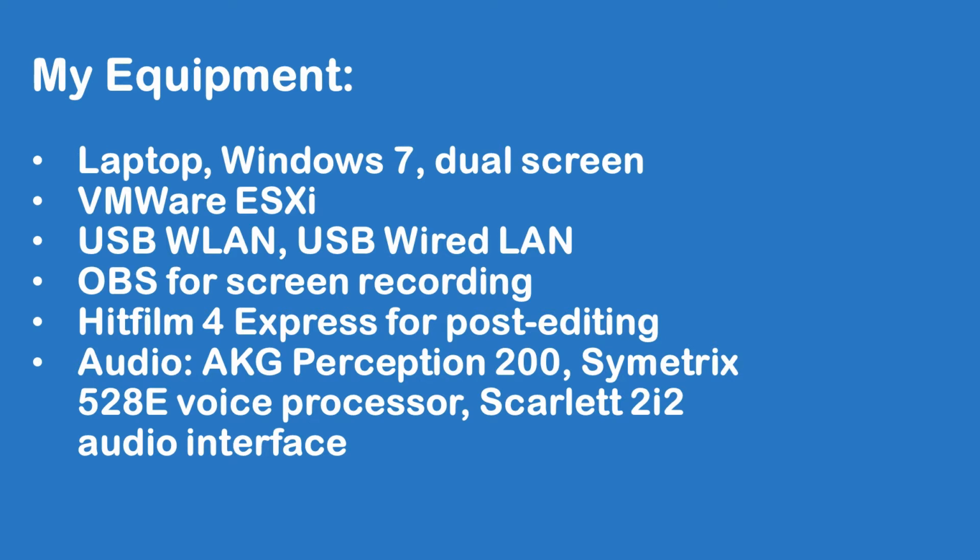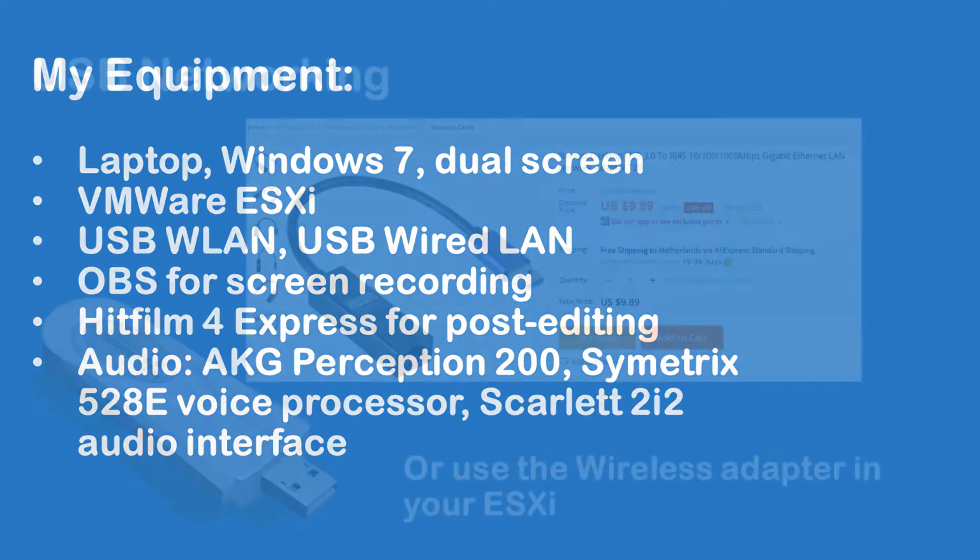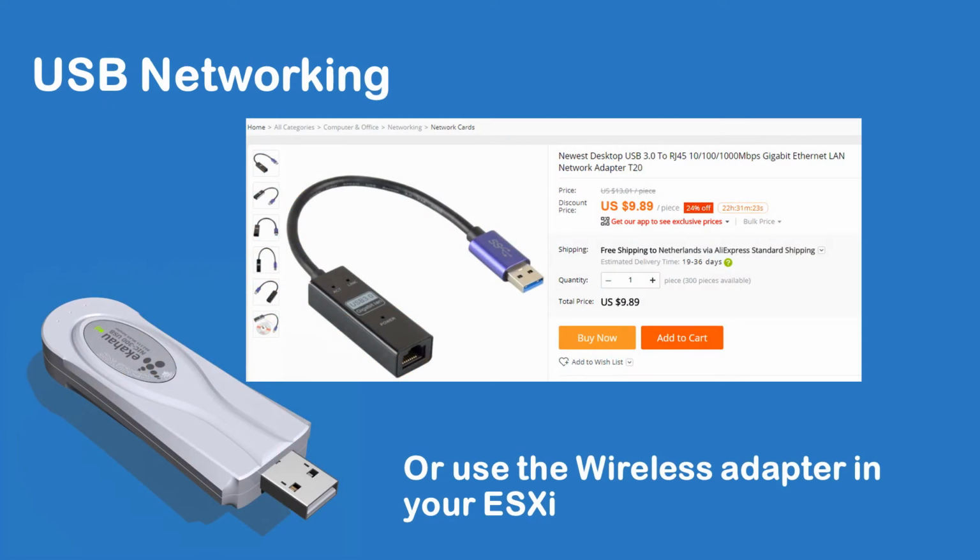The reason for that is that if I used the built-in ESXi VMware networking, I can't do nice stuff like .1x, and you can't plug in different ports. So I decided to get some USB network adapters.